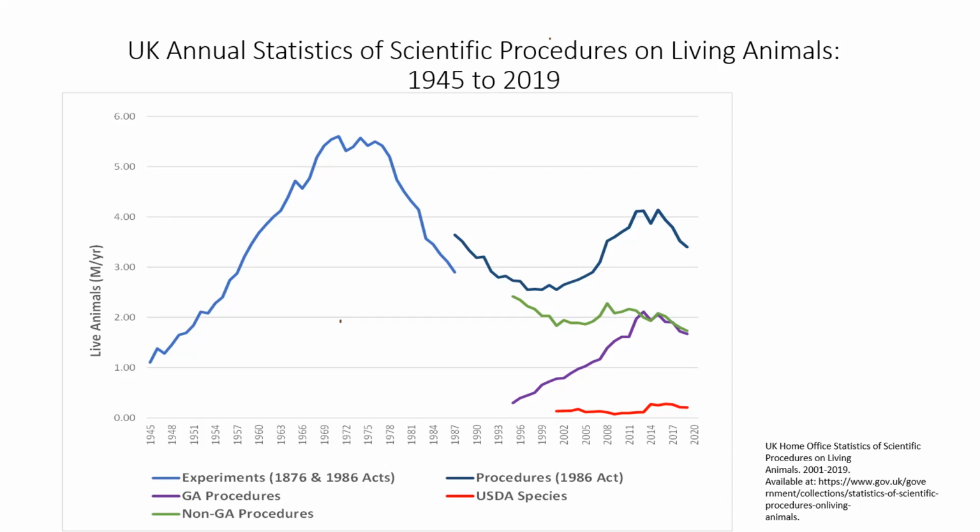The other point I want to make with this slide is the red line here at the bottom. That's if you break out the UK data so that you're looking at a similar basket of species as reported in the US. And the conclusion here is that the use of these species is very low. It's approximately 5% of the total numbers of vertebrate species being used, and it's effectively flat.